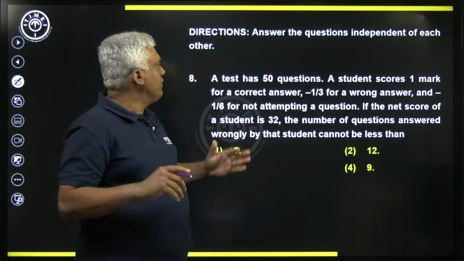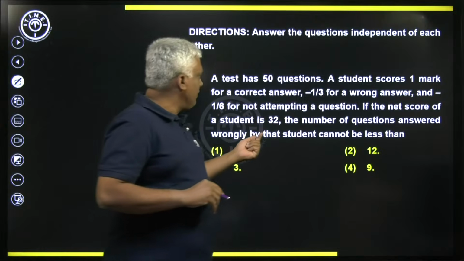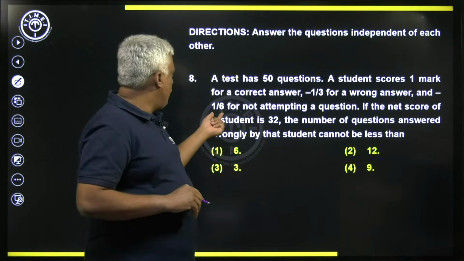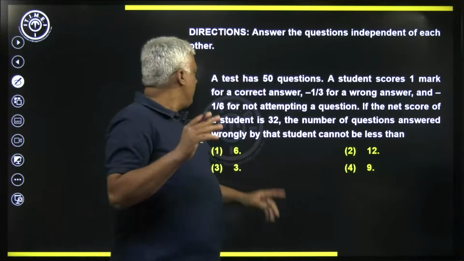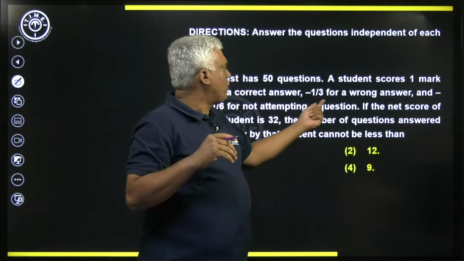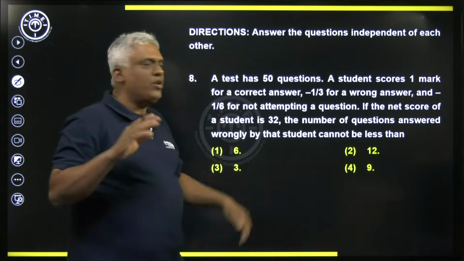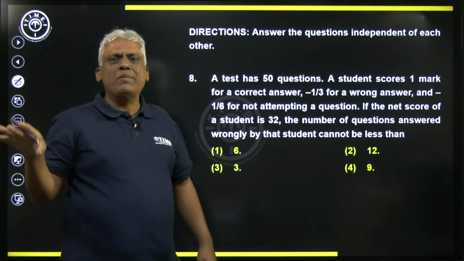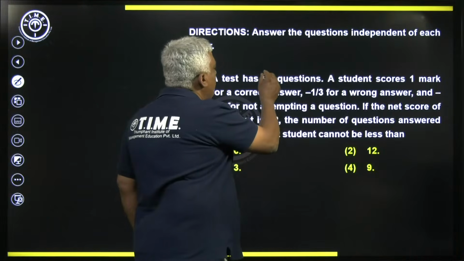Now what we can do is, this is one third and this is 1/6, right? So let's do one thing. He's losing one third marks for a wrong answer and minus 1/6 for not attempting. Let's multiply everything by 6. There are 50 questions.